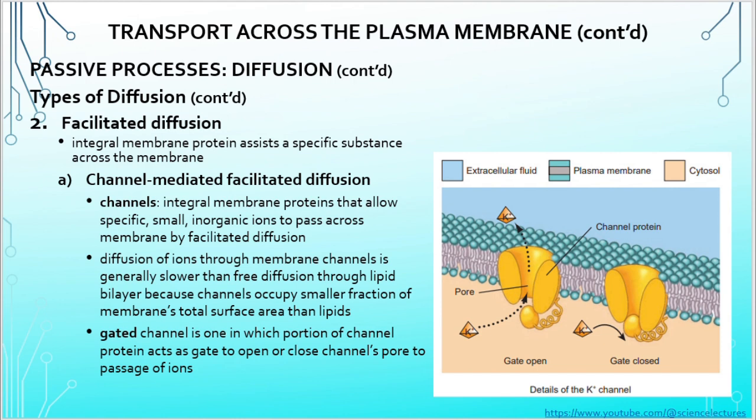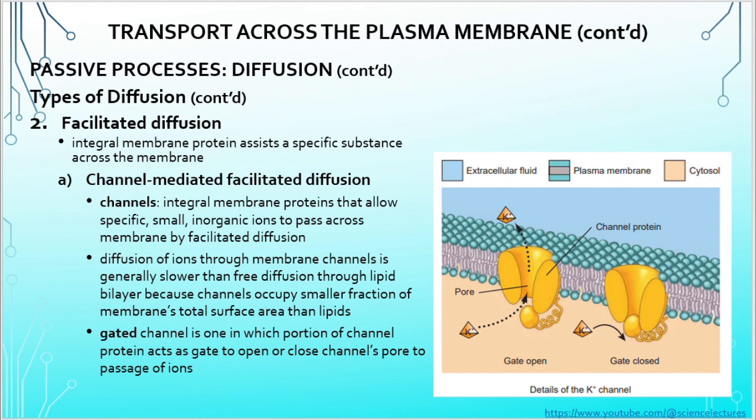Each ion can diffuse across the membrane only at certain sites. In typical plasma membranes, the most numerous ion channels are selective for potassium ions or chloride ions. Fewer channels are also available for sodium ions and calcium ions.